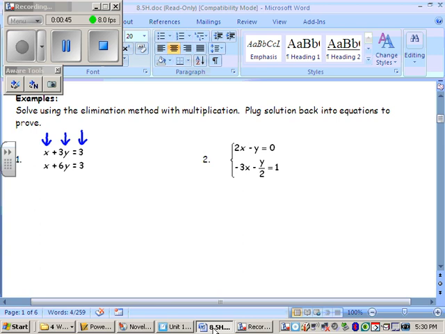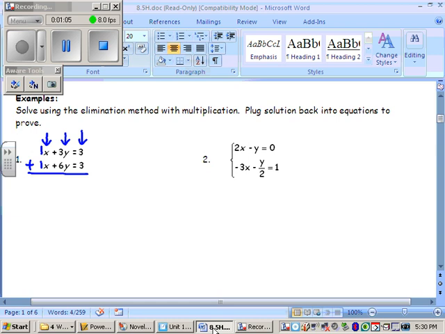But when using the elimination method, you're going to focus on the coefficients of x and the coefficients of y and see if you add the like terms together, if you can eliminate one of the two variables. In this particular example, you cannot eliminate the x's because 1 plus 1 is 2.